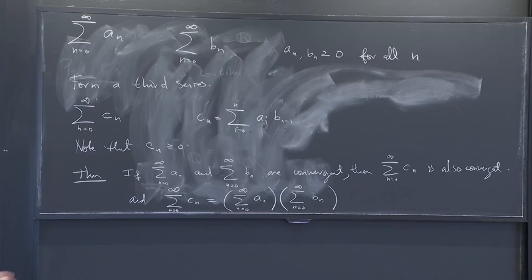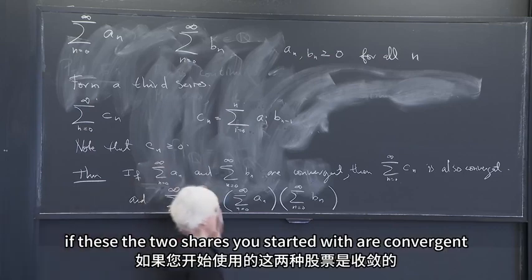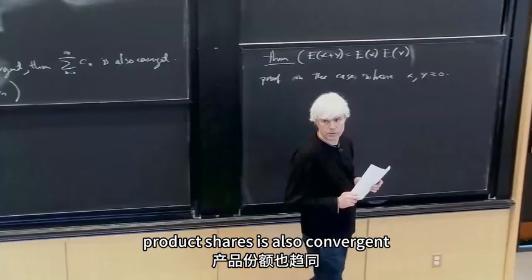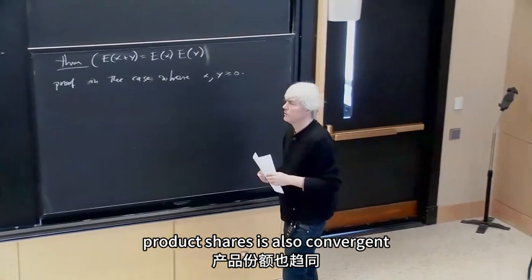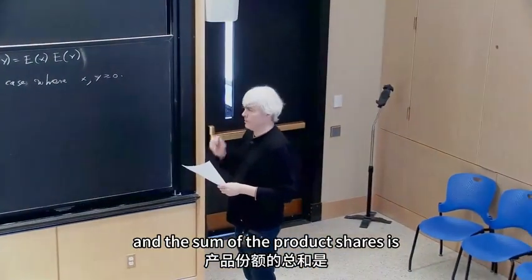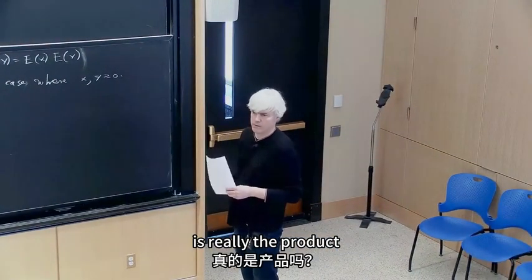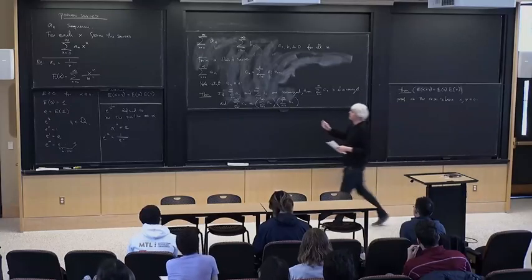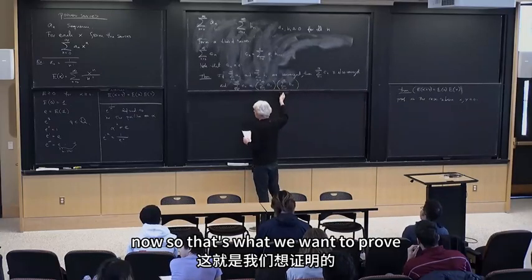And then if the two series you started with are convergent, then this product series is also convergent. And the sum of the product series is really the product of the sums of the other two series. Okay. Now, that's what we want to prove.